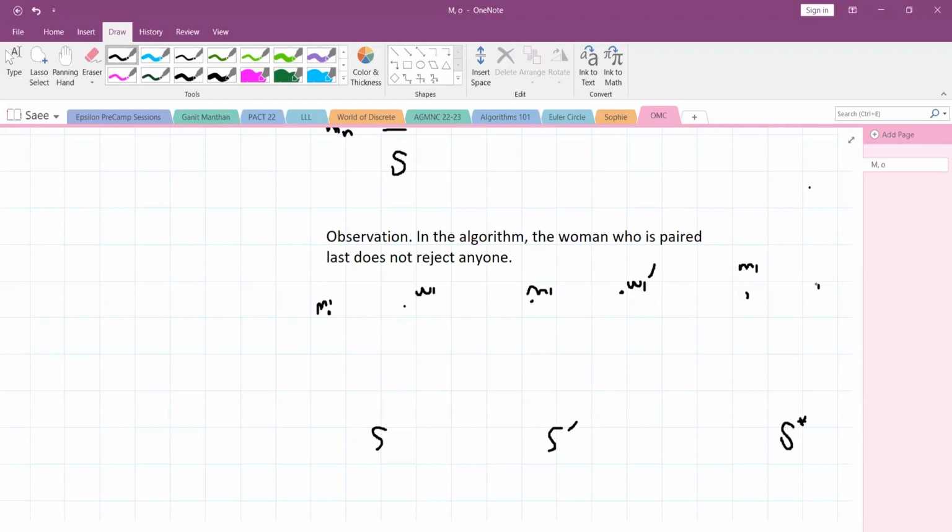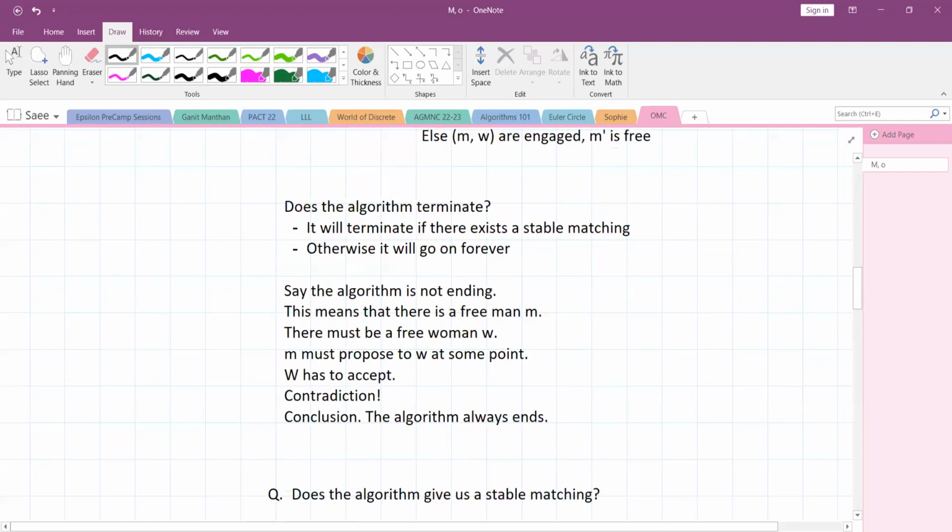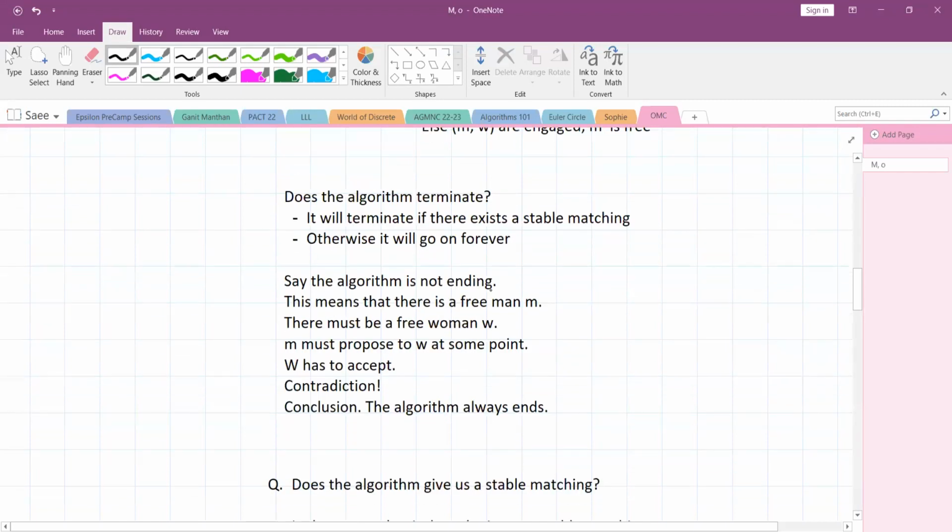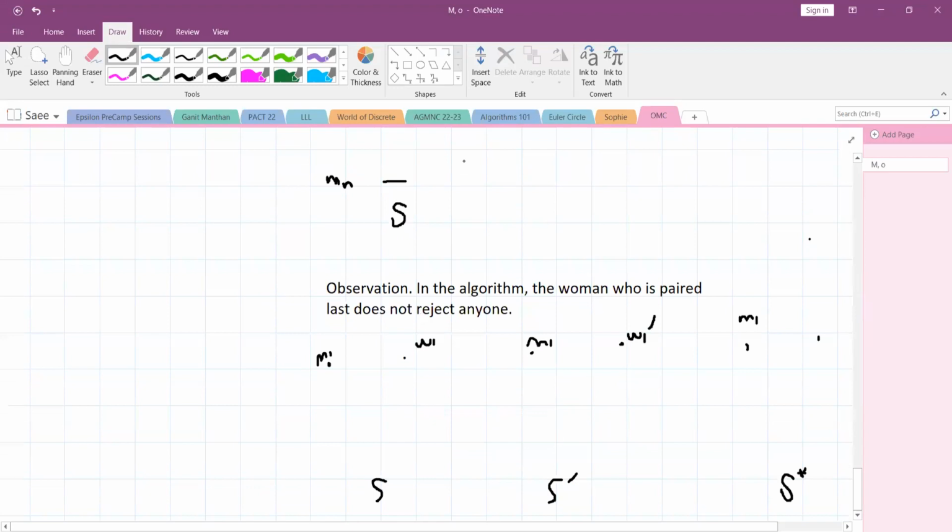And even more than that, it's a stable matching. There are no instabilities. Yeah, so these were some of the cool things that I thought were pretty mind blowing when I learned all of this. I think this is more or less what I had in mind for today.